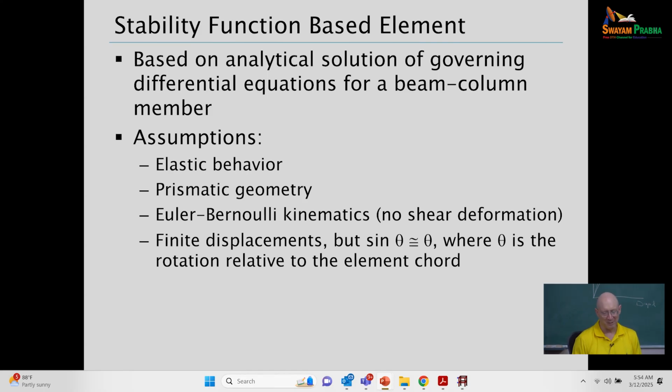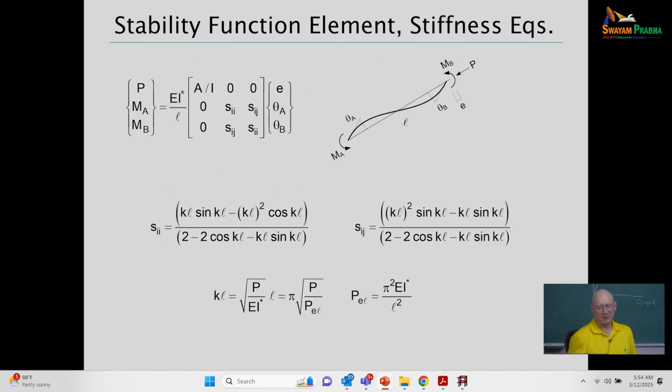Some comments about 3D: your rotation, theta, could be large in general, but the development is based on the assumption that sine theta is equal to theta, if you're talking about a rotation of the element relative to its chord between its ends. There have been three-dimensional versions of stability function elements, but I think those are even more rare.